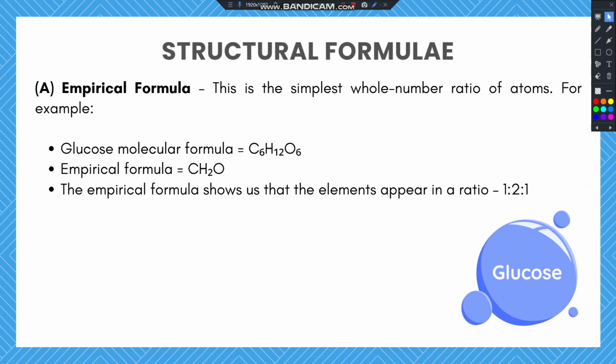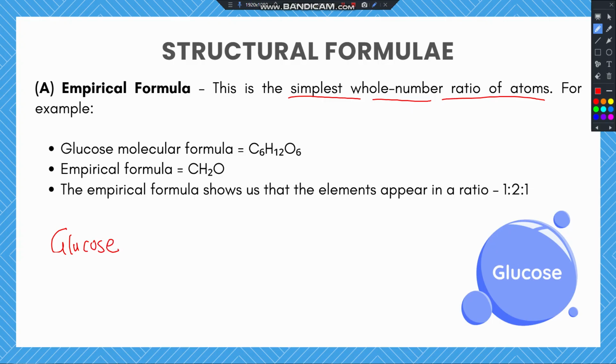So structure style number one is called the empirical formula. Now the empirical formula simply refers to the simplest whole number ratio of atoms in a compound. For example, glucose, which is a very good example of an organic compound.